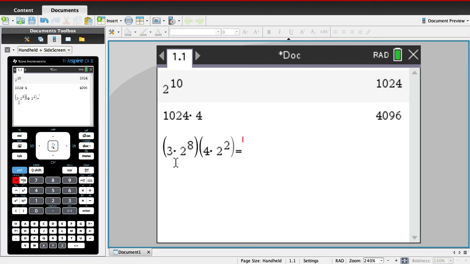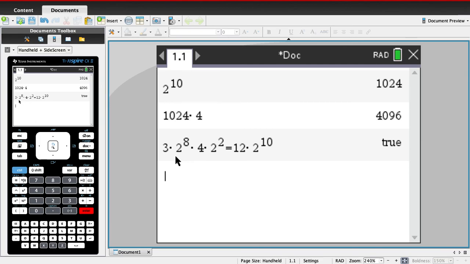I'm going to put in an equal sign to test to see if this is correct. I got a true. That means I did my math correctly. Noticing this was the original problem, I just changed the x's to a 2, and this is my answer with the x changed to a 2.